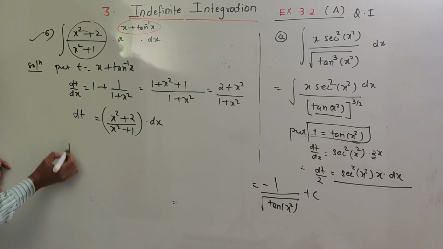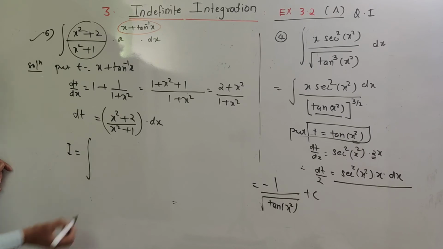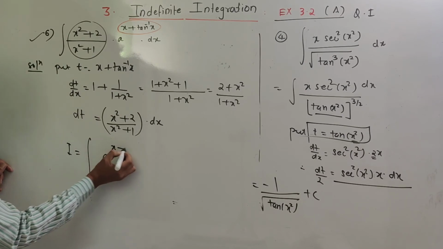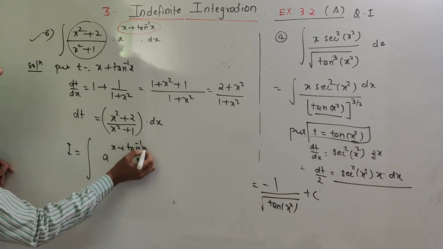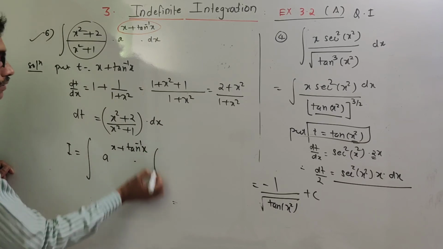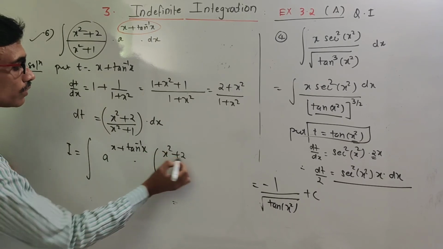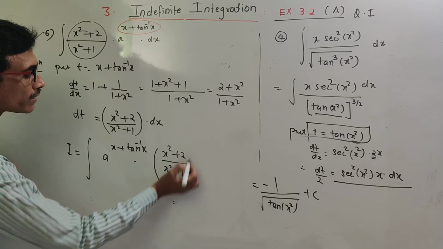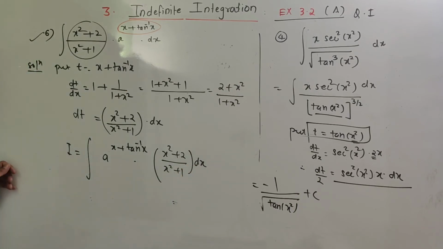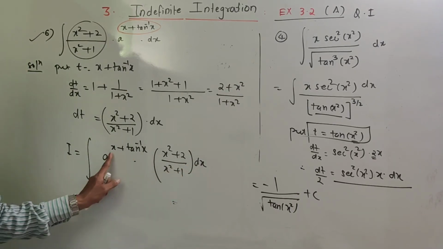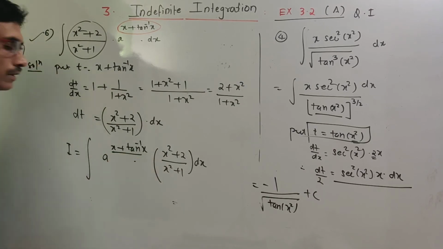Here integral I is equal to a raised to power x plus tan inverse of x into x square plus 2 upon x square plus 1 into dx. This complete thing is dt and this is a raised to power t.